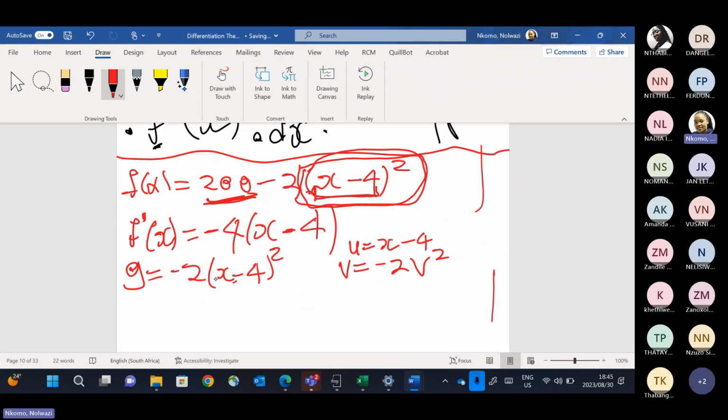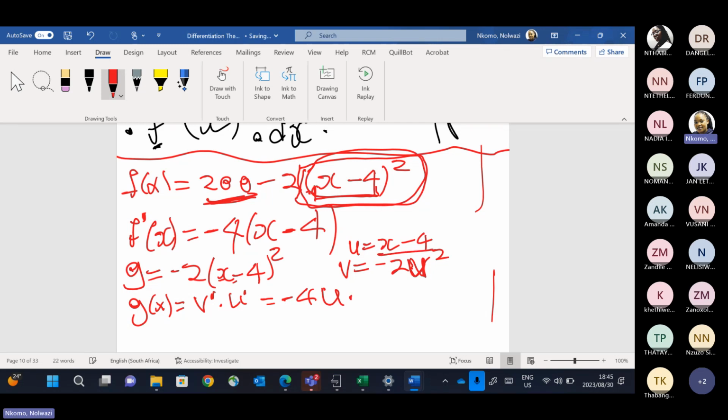And then if we apply the chain rule here, we'll have g prime of x equals v prime times u prime. The derivative of v, we have minus 2 v squared, it will give us minus 4u, right?